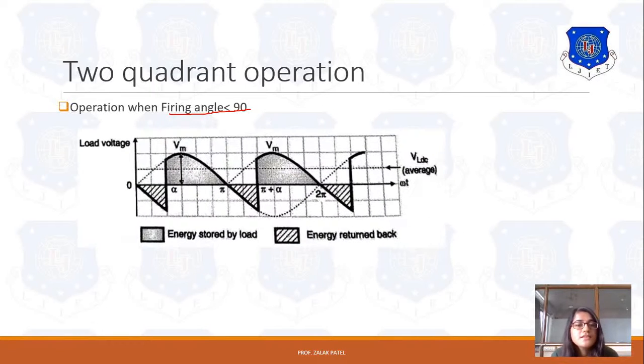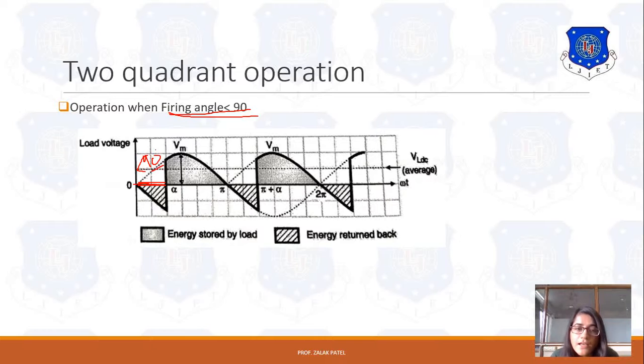When alpha is less than 90 degree, the load voltage versus angle graph will be like this. If you see this graph, you can easily find that the positive portion for a firing angle less than 90 degree is larger. Please note that this starting point, this firing angle, is less than 90 degree, maybe 60 degree or 70 degree, but it should be less than 90 degree.